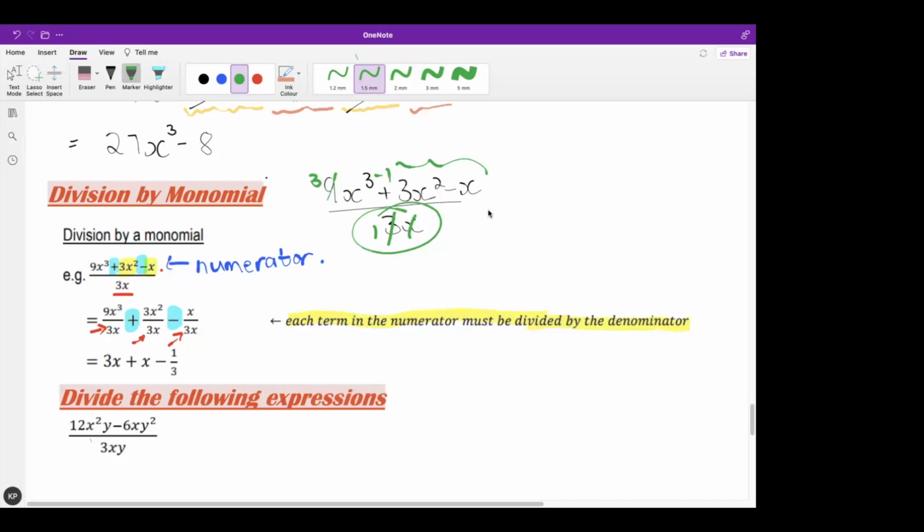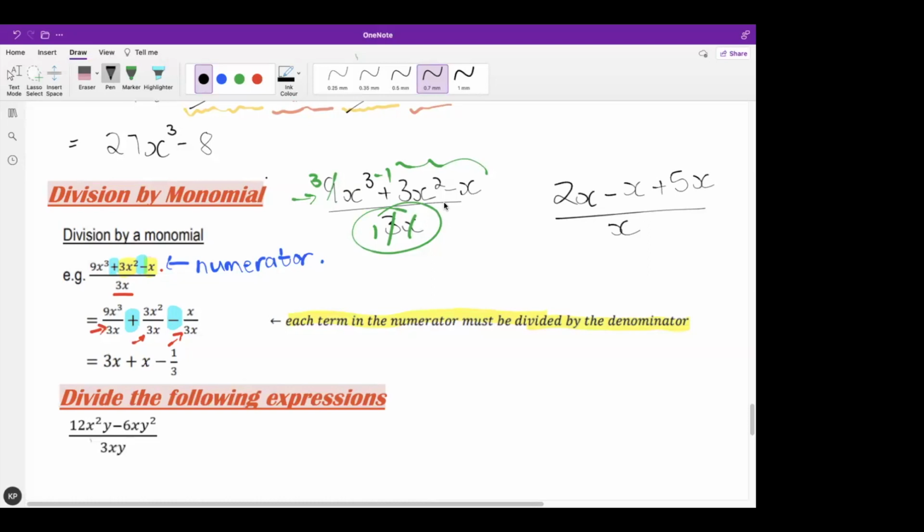Okay. The only time you can keep it together is if you have like terms in my numerator. And what would you do in that case? If we had like terms in the numerator, like if I had 2x minus x plus 5x over x. What would I do in this case? I have like terms in my numerator. So what do we do when we have like terms?